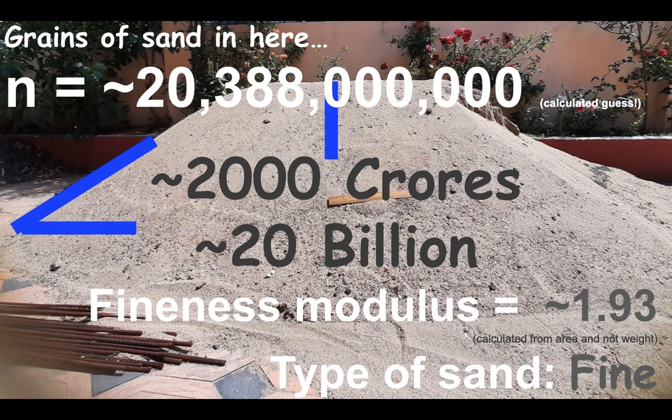So it's pretty interesting to see that although the methods are completely different, the numbers could be close, and it could be an alternative, after much optimizing, to calculate maybe fineness modulus or type of sand.